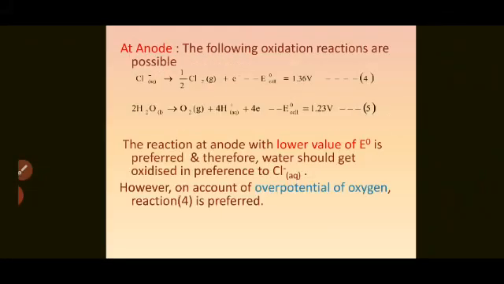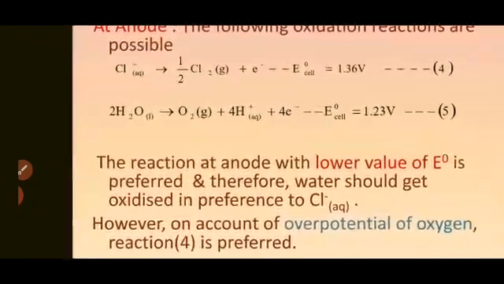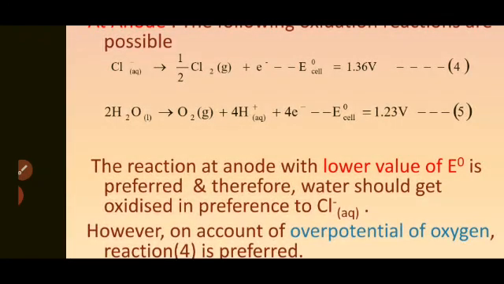Now what happens at the anode? At the anode oxidation always takes place, that is loss of electrons. So which reactions are possible? Even at the anode two reactions are possible. One is Cl minus ion, that is a negatively charged ion, gives half Cl2 plus e minus.